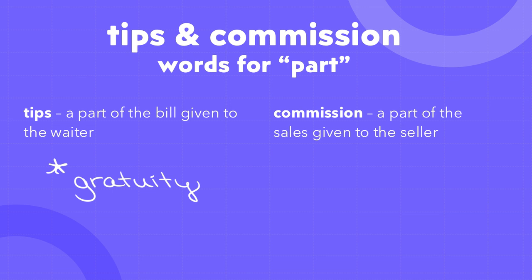If they sell you a $20,000 vehicle, they get a percent of that $20,000 on their paycheck. Okay? So commission is how they earn a living. Does that make sense? And it's just part of what they sell. So the word problems we're going to be looking at today are going to involve tips and commission.